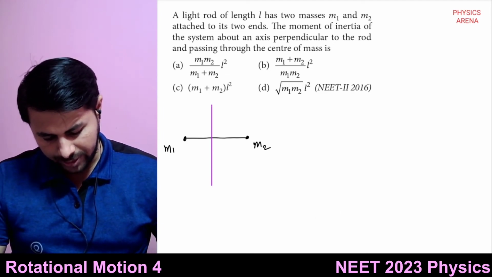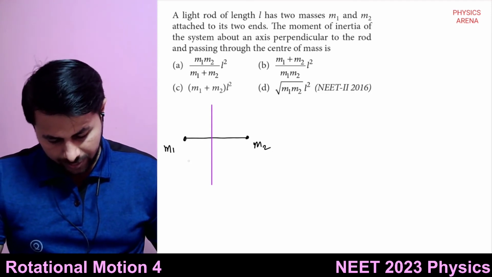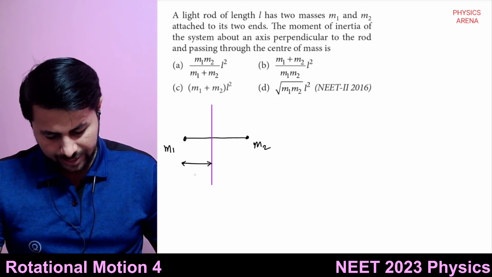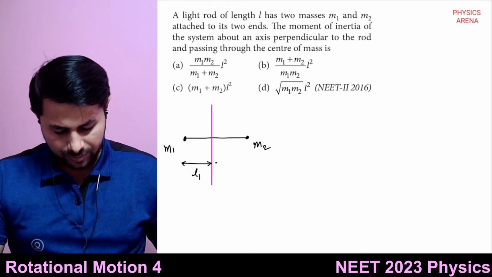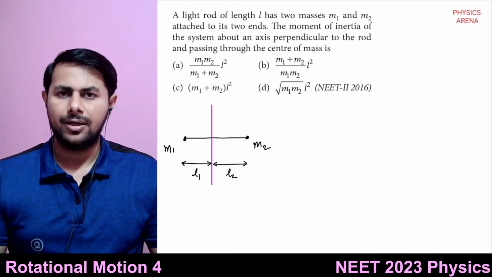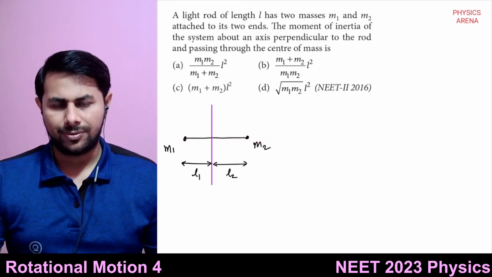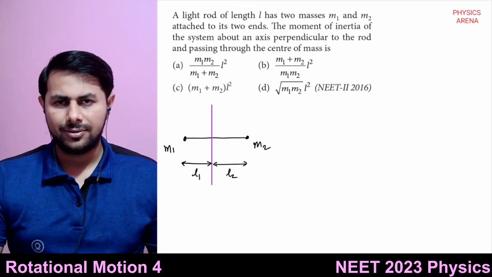Suppose this is the axis which passes through the center of mass. This much length is L1 and this much length is L2. So L2 will be equal to the total length L minus L1.